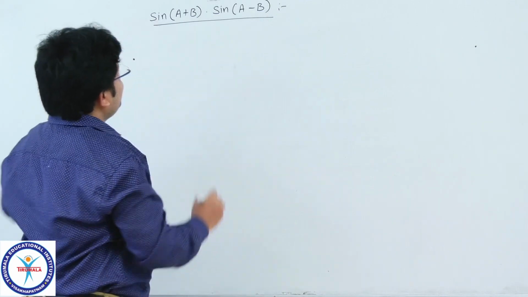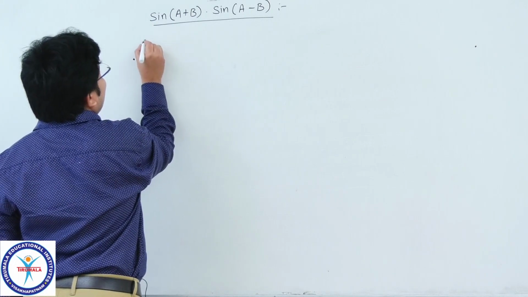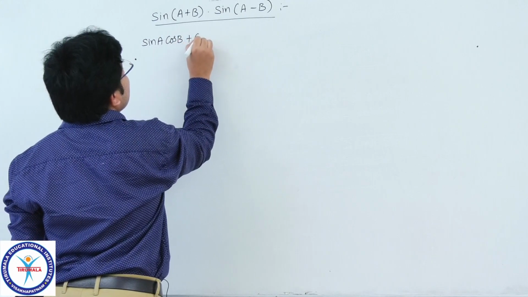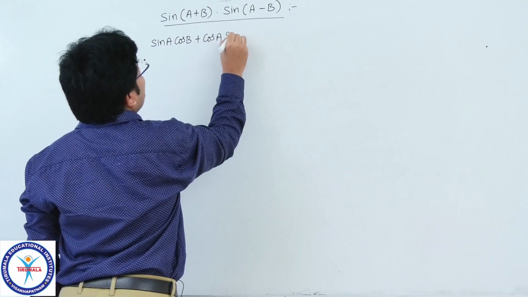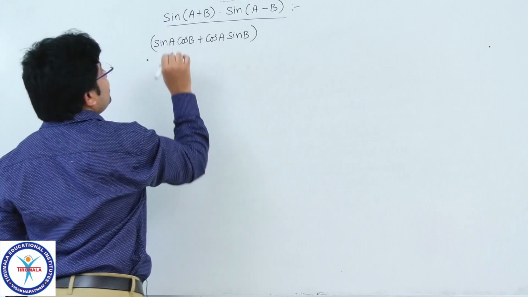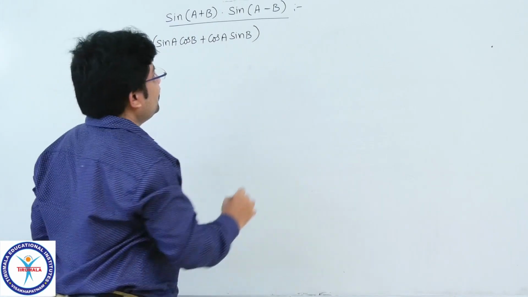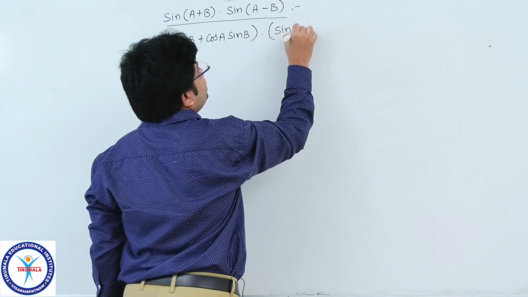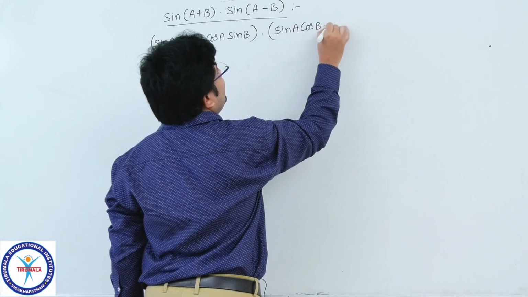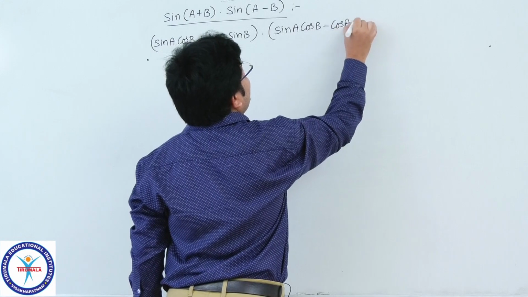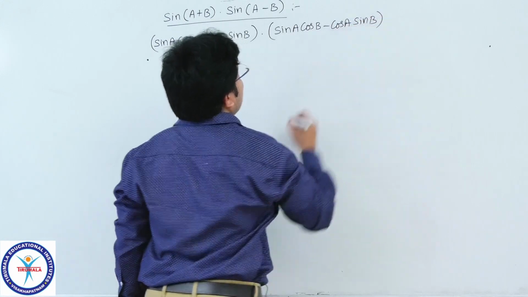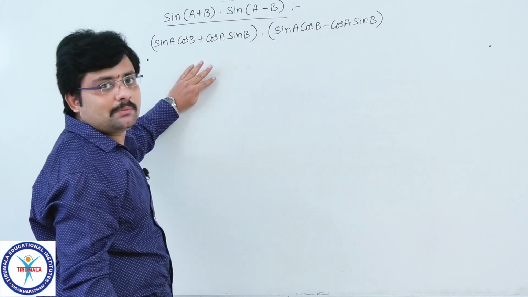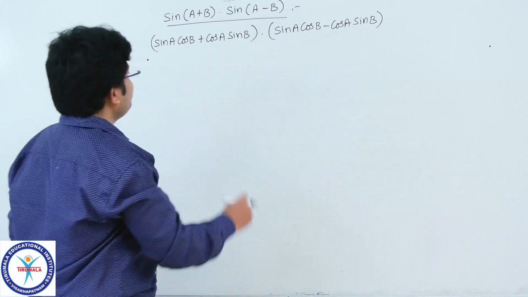So sin A plus B can be written as sin A cos B plus cos A sin B, and sin A minus B as sin A cos B minus cos A sin B. Now it is in the form of a binomial, so with binomial multiplication, let us multiply this.